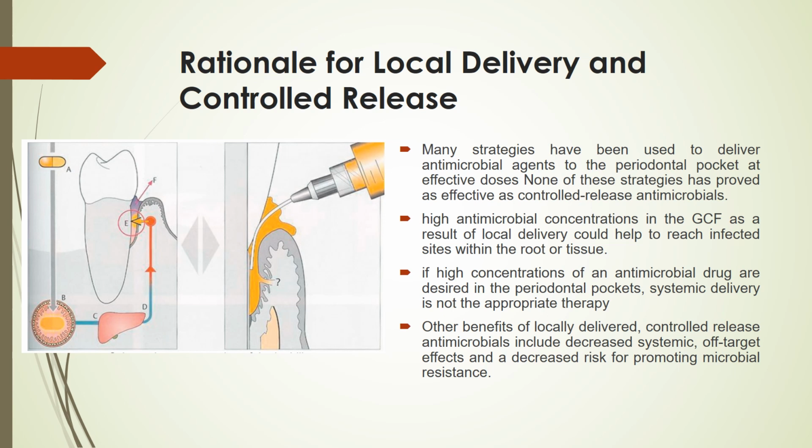Also, antimicrobials delivered to the pocket that are not under controlled release get easily washed off by GCF, rapidly reducing the concentration of drug locally in the pocket area. This can be clearly seen in the schematic diagram. The first shows systemic administration.